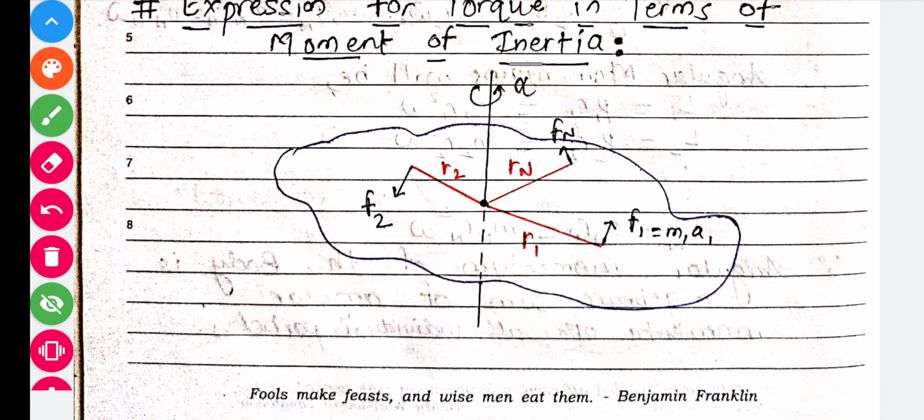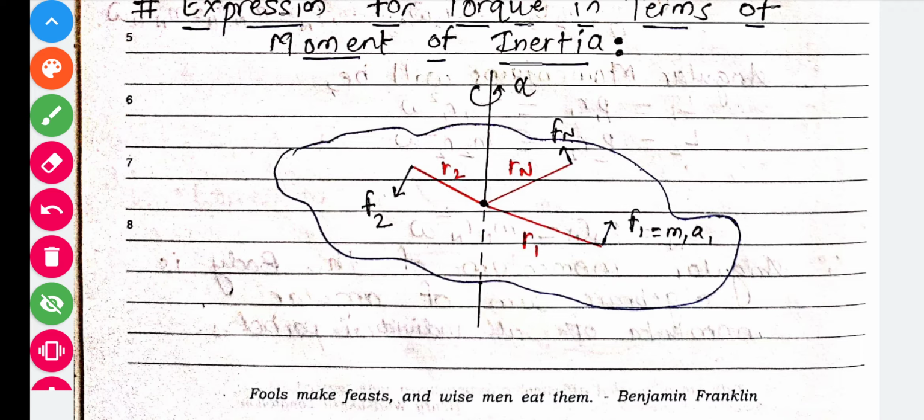Suppose this body has n particles, particle 1, particle 2, and up to particle n. The position of the first particle is r1 from the axis of rotation. The position of the second particle is r2 from the axis of rotation. Similarly, the position of the nth particle is rn from the axis of rotation.